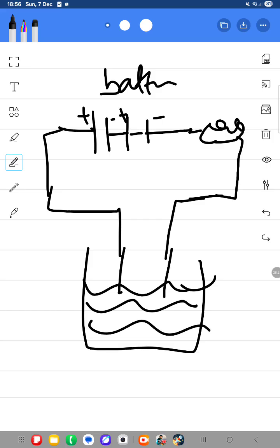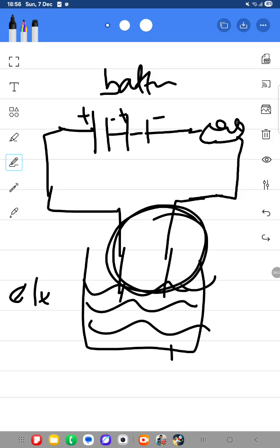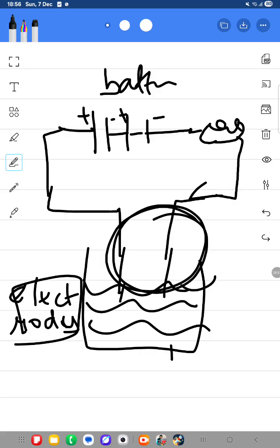Another thing I want to explain is that these two rods which are dipped in this liquid are called electrodes. I will explain them later with more description. Now I will make a switch.